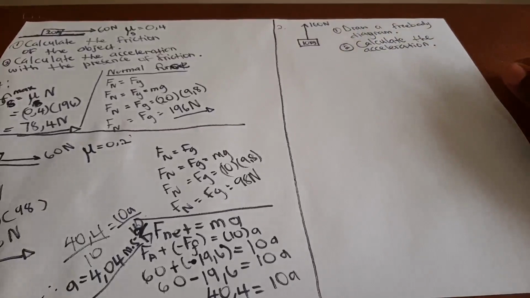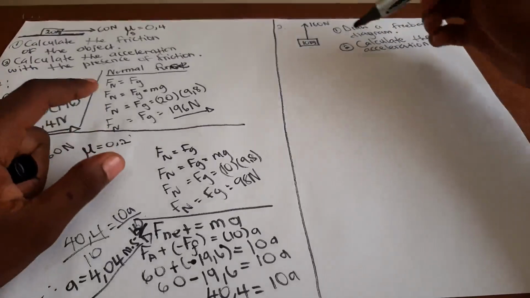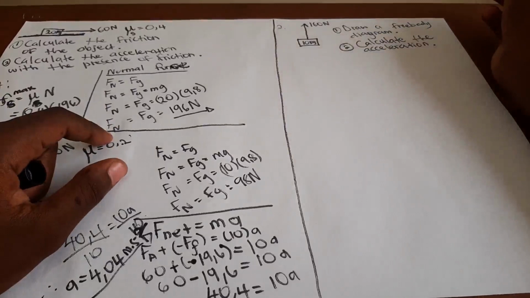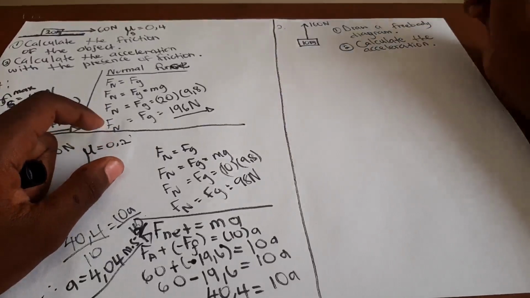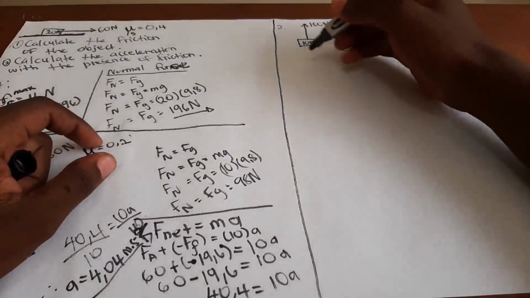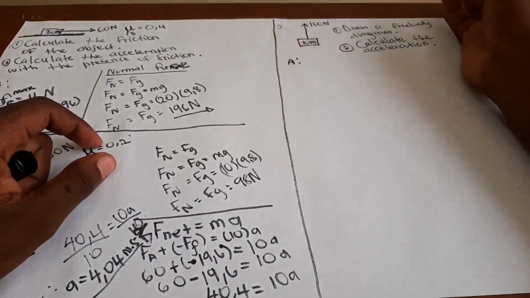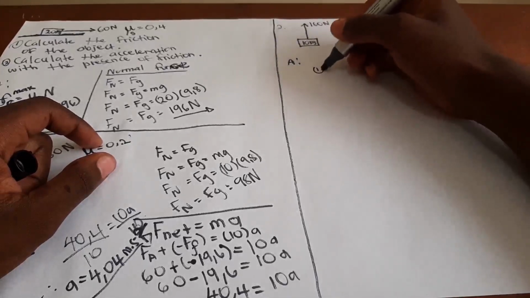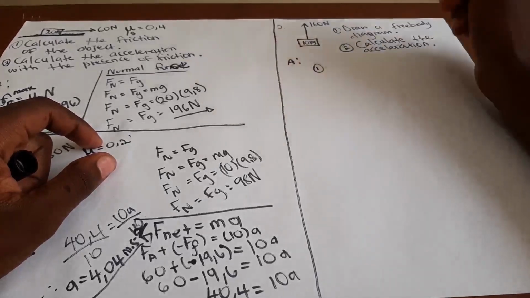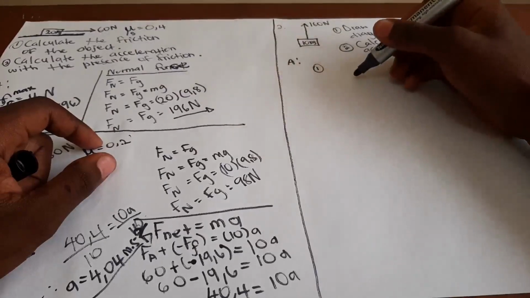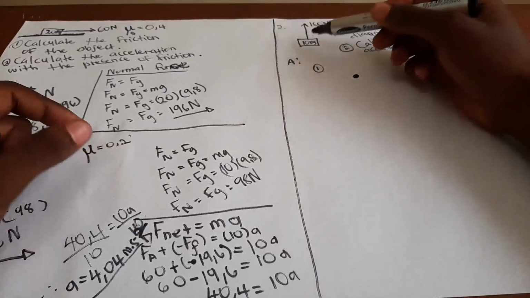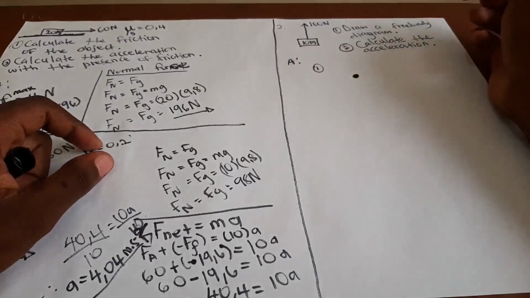So let's draw a free body diagram for this object, our answers for number 1. This is our dot, which represents the position of our object.